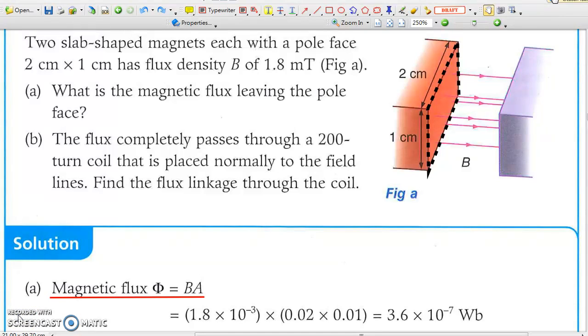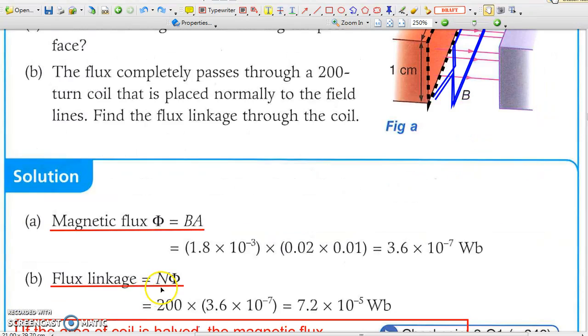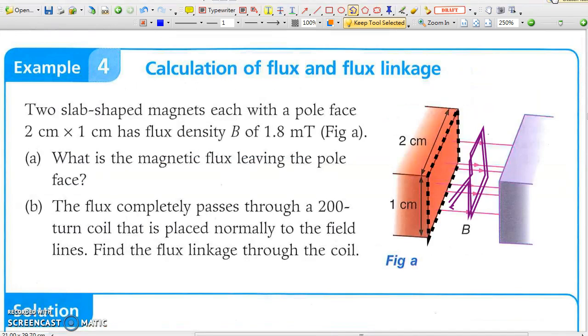For part B, there's a coil, probably of the same size as the pole face, with all the magnetic field lines passing through the coil, and hence the magnetic flux linkage is N times phi, which is 7.2 times 10 to the power negative 5 Weber. Now, what if the coil is smaller in size?